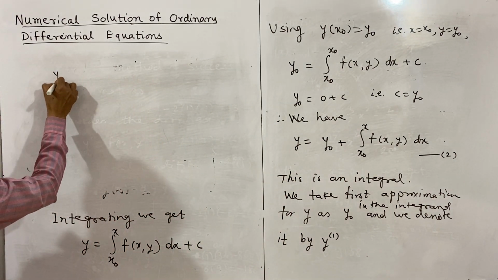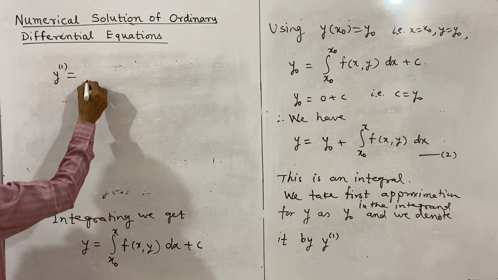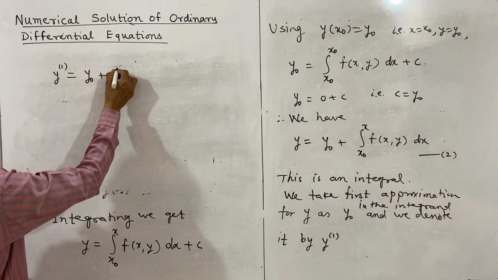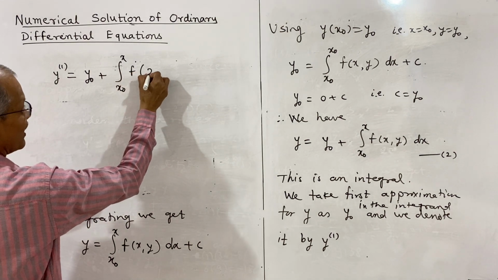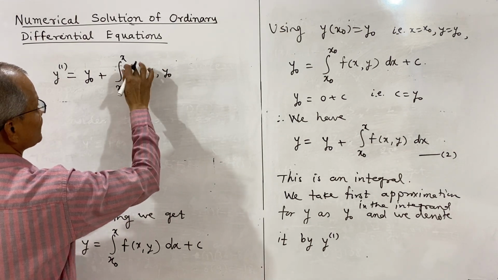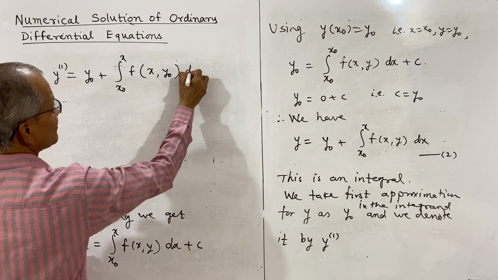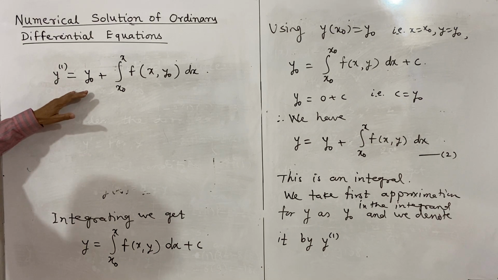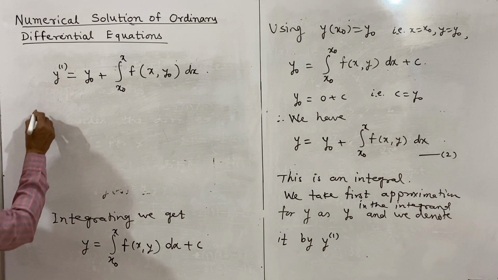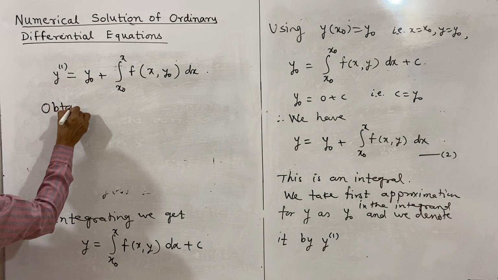So we get y1, first approximation, is equal to y naught plus integral x naught to x f of x comma y naught into dx. So this is our first approximation, and now we get the value of y1 from this. After integration, obtain y1 from this.